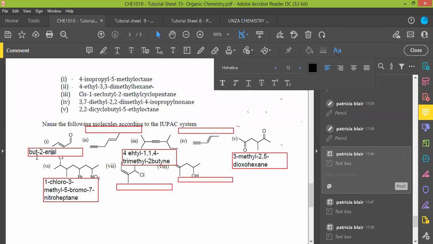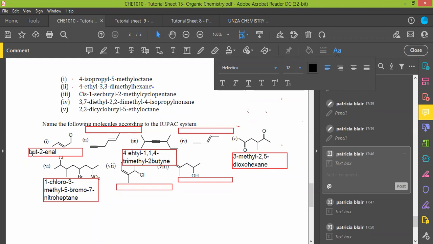So the name is but2-enol. There's the enol at the end there. Or you can put the 2 in front and you just name it as butanol. So naming it as butanol, the 2 that will be in front of this particular molecule will actually show that this molecule is what?